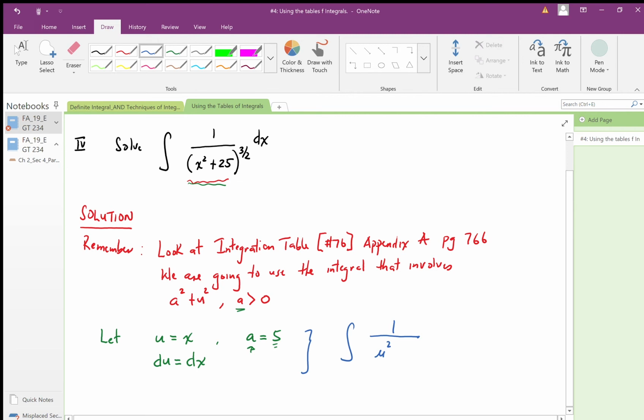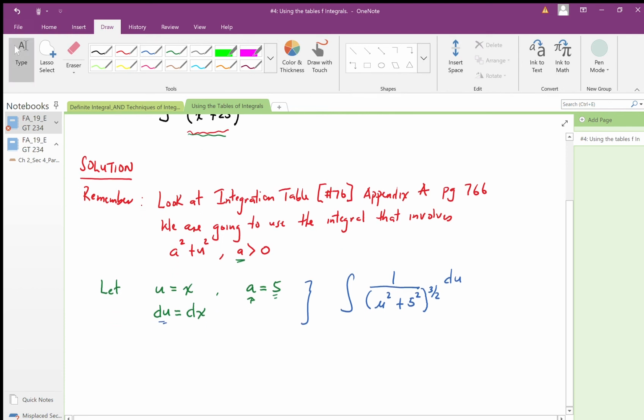Now, plus my a is now going to be 5 squared, okay? And that's all to the 3 over 2. But now my dx happens to be du, okay? So just kind of keep that in mind. Everything has to be accounted for.